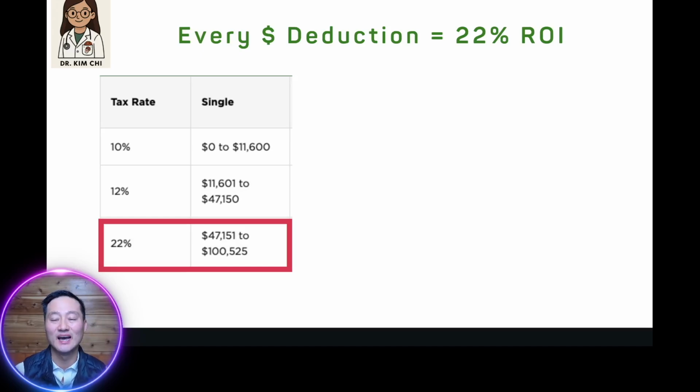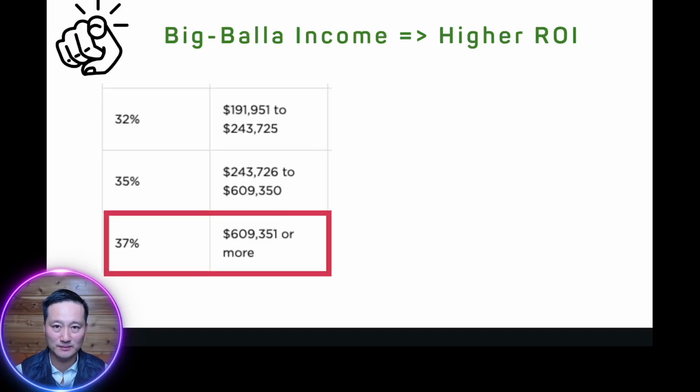On the flip side, if she finds a way, through a strategy, to reduce her taxable income by $1, she's going to save 22 cents in federal income tax, until her tax bracket drops down to the lower 12% bracket. So that means any tax planning strategy that lowers her taxable income effectively gives her a 22% return on investment.